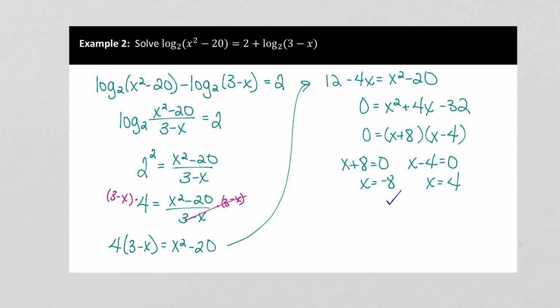Let's try 4. 4 squared is 16, and 16 minus 20 gives us negative 4. Cannot take log of a negative. So automatically 4 isn't going to work. But if it works in the first one, be sure and check in the next. 3 minus 4 will also give us a negative 1. So 4 is not going to work. And x equals negative 8 is our only solution.